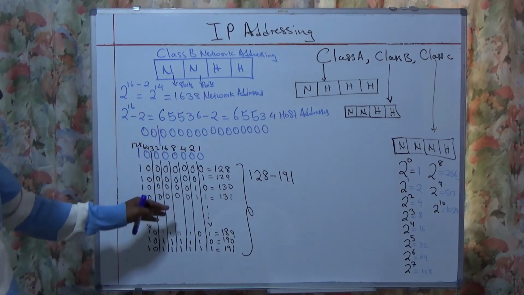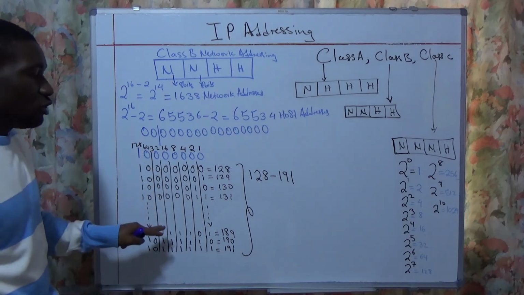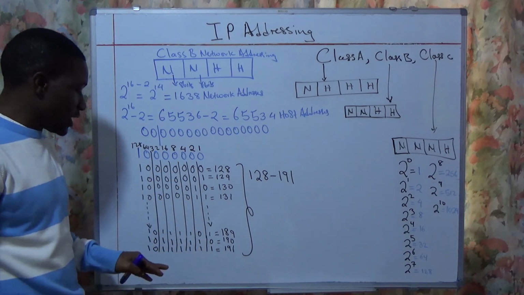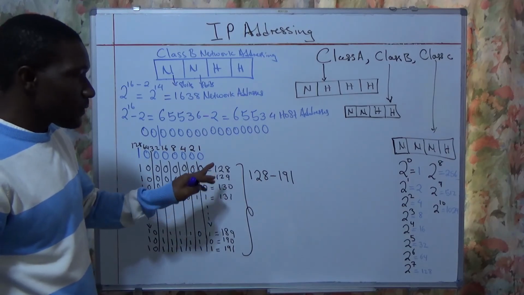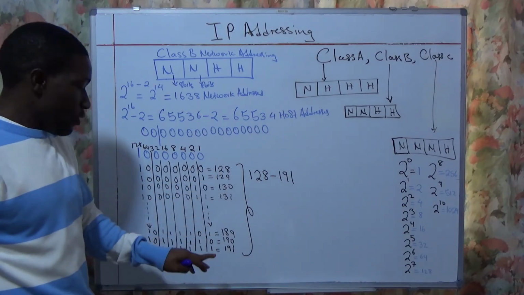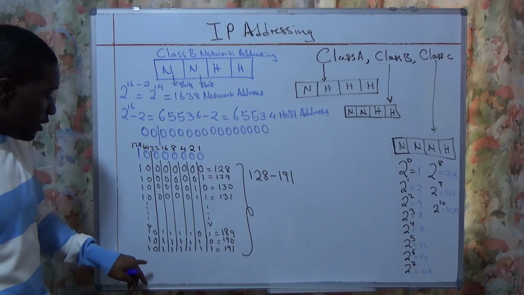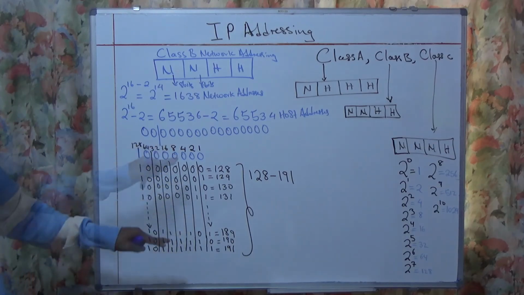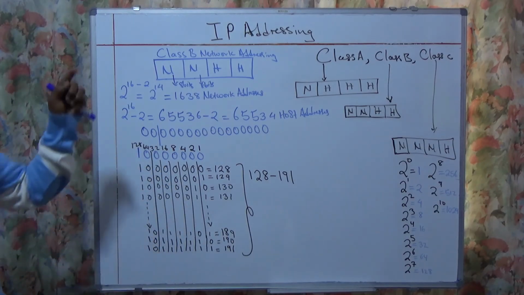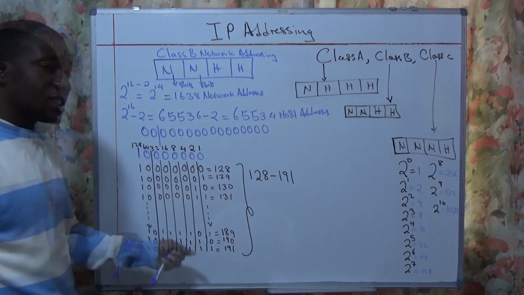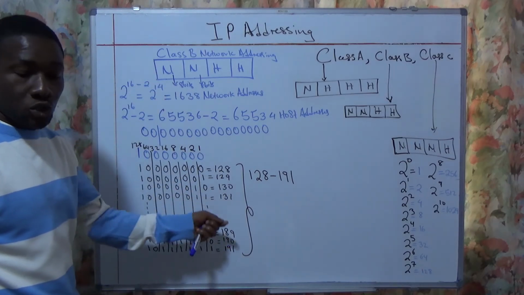From the reservations that we must do, we still don't use the first and the last. If we happen to use the last, we shall not be able to go to class C. So class C will start at 192.